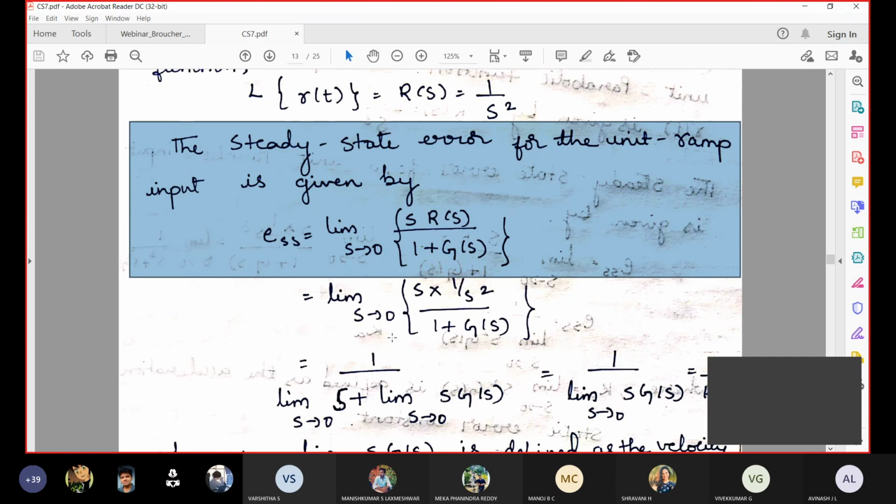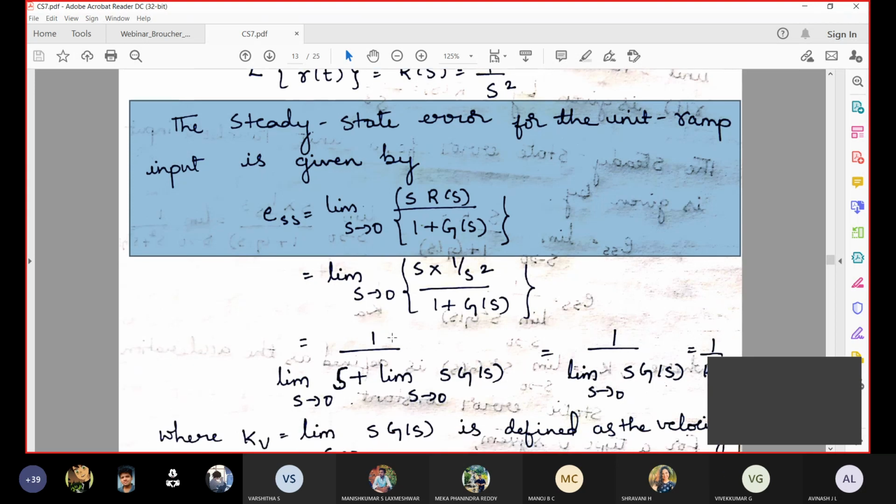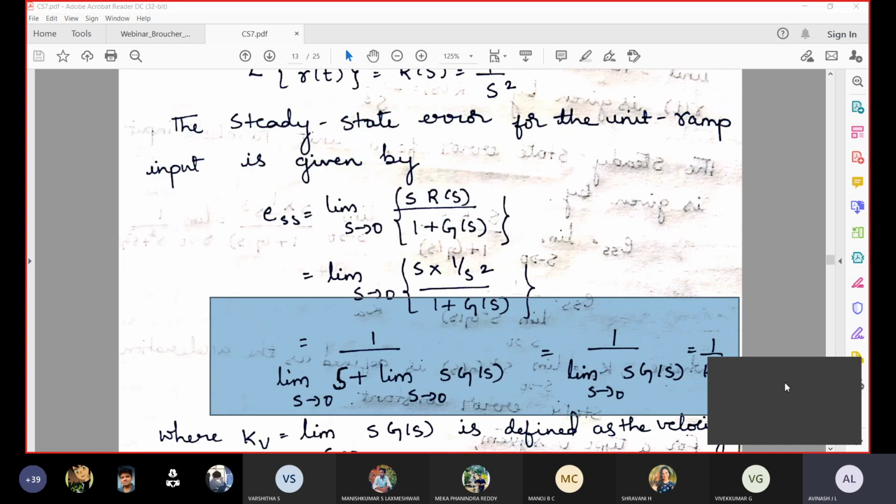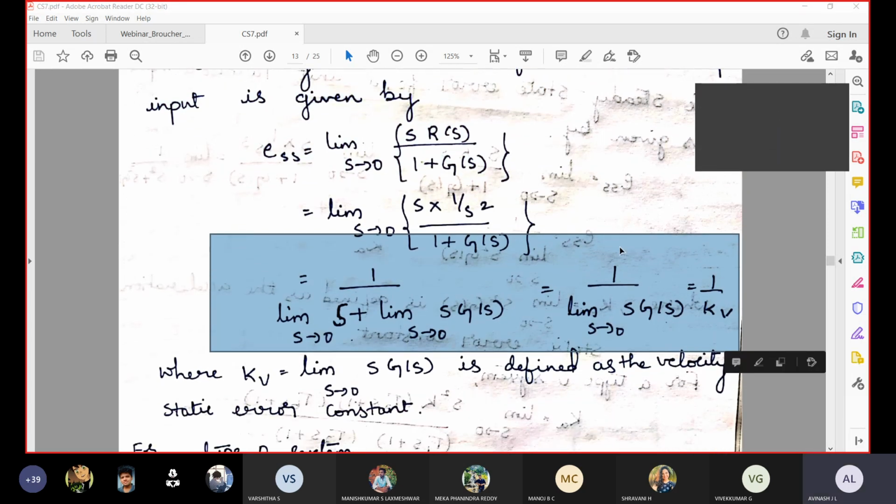This becomes 1 divided by s into 1 plus G of s, which is 1 divided by s plus s G of s. If you apply the limit, you get 1 divided by limit s tends to 0, s plus limit s tends to 0, s into G of s. Correct?